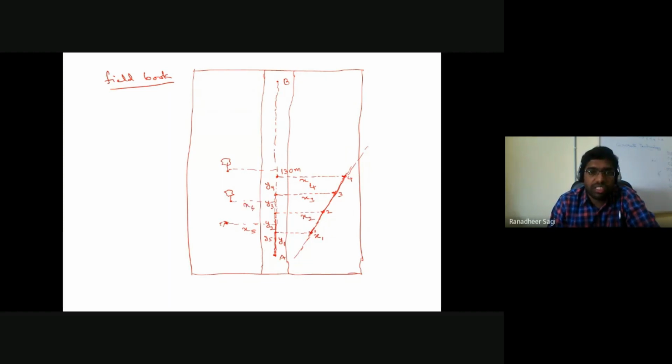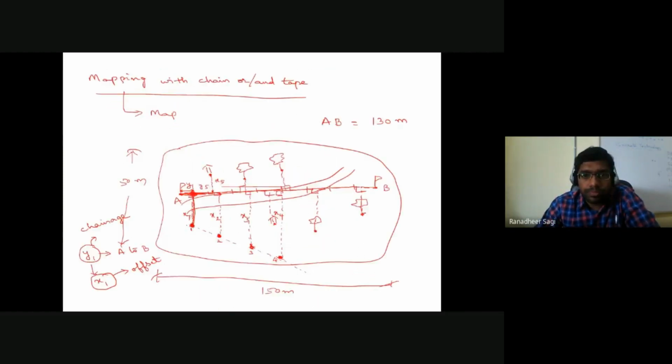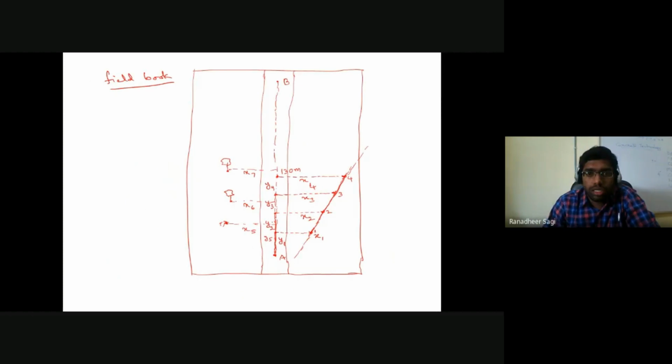Let's say this offset distance is x6 for a chainage of y6. This offset distance is x7 for a chainage of y7, and likewise I am just trying to figure out the position of other things also. In between the third and fourth electrical pole I have one house. Somewhere here I have another house.